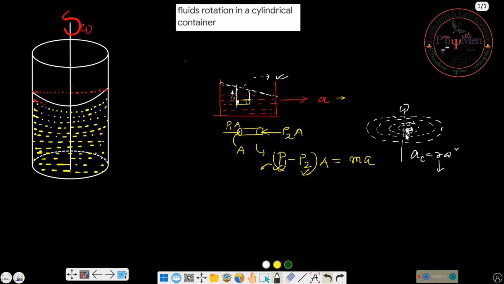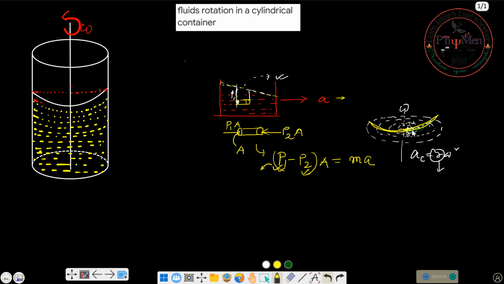As the acceleration varies with r, the pressure difference between different points will be different, so it will go on increasing like this. If you consider all the fluid elements, our surface will become like this.